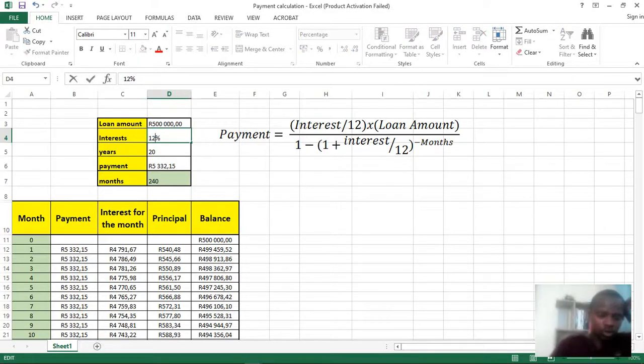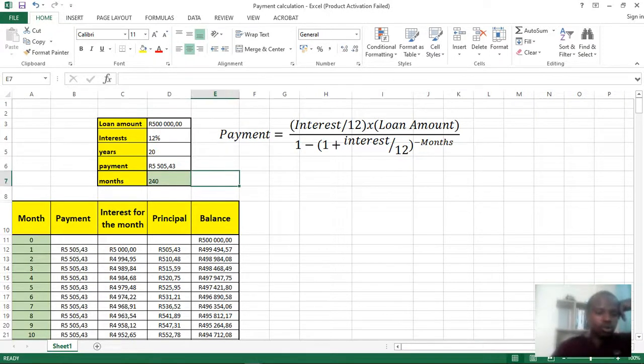At 12%, you're going to be paying 5,500 rand. This assumes your interest rate won't change at any time during the 240 months, the 20-year duration. So let's look at this payment plan and how it works.